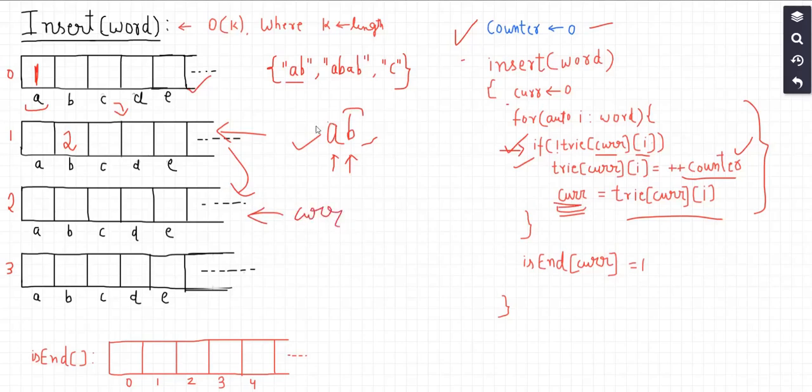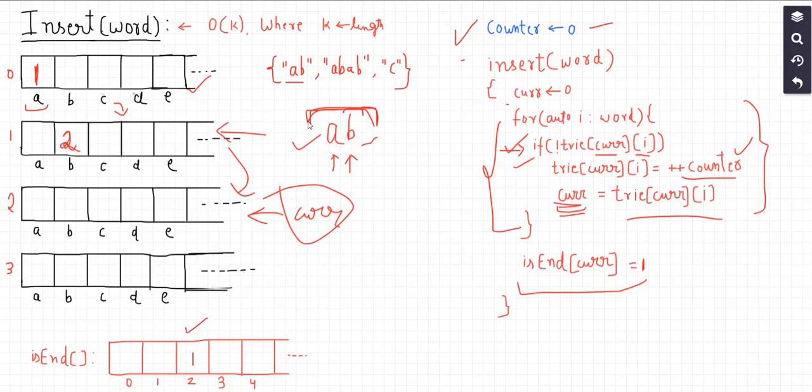That's all. I have exhausted my word. Then I break out of this loop and I mark is_end to be 1. This says that whatever the current is, that is 2, I mark it 1 in this array. It says that yes, I have reached the end of the word at node 2.